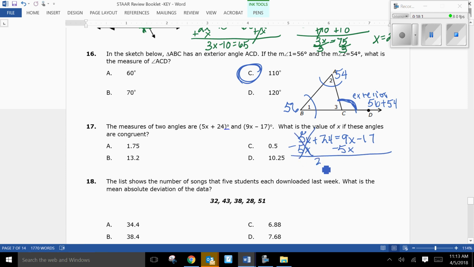leaving me with 24 equals 4x minus 17. And then I'm going to add 17 to both sides. That gets rid of this negative 17 or minus 17, which gives me 41 equals 4x.